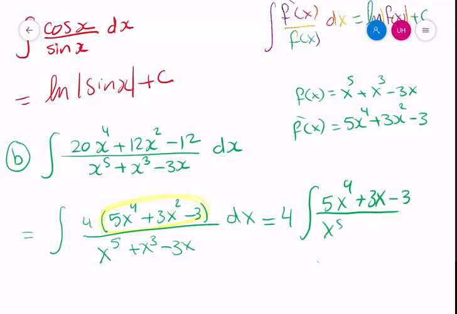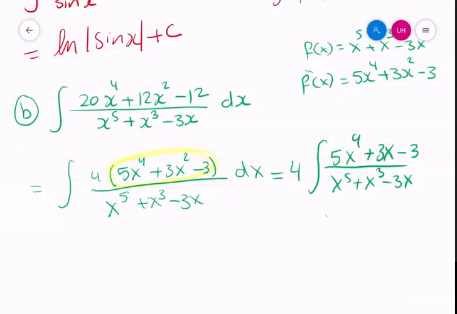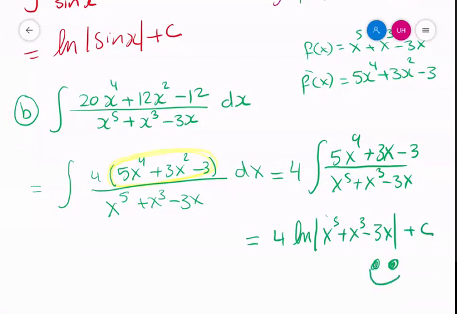So this is going to equal 4 ln of x to the power 5 plus x cubed minus 3x, plus c. Just 4 ln something, and that's it. That's question 7b.